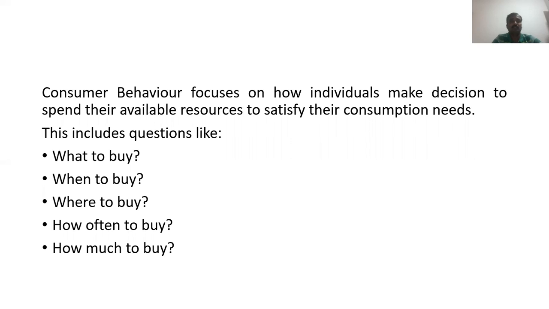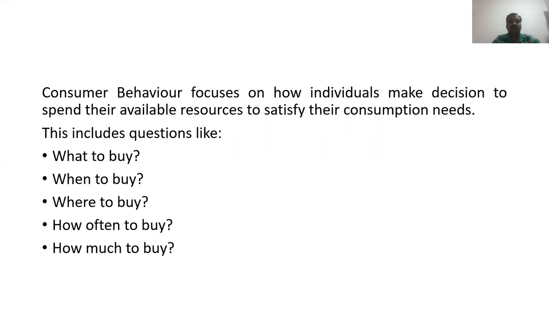And the next point is that consumer behavior focuses on how individuals make decisions to spend their available resources to satisfy their consumption needs. If a marketing manager gets answers to these questions, then you will be able to understand clearly the meaning of consumer behavior. The first question is what to buy.